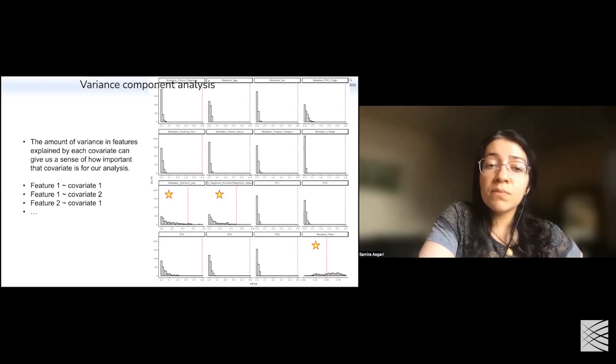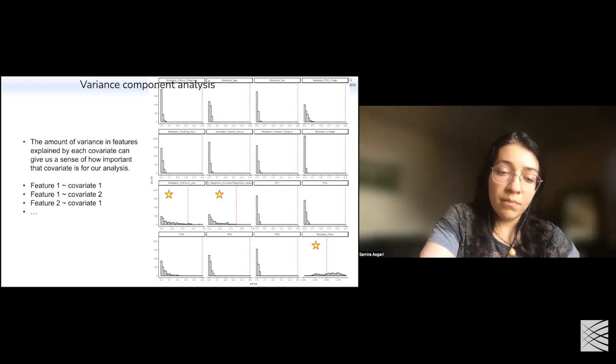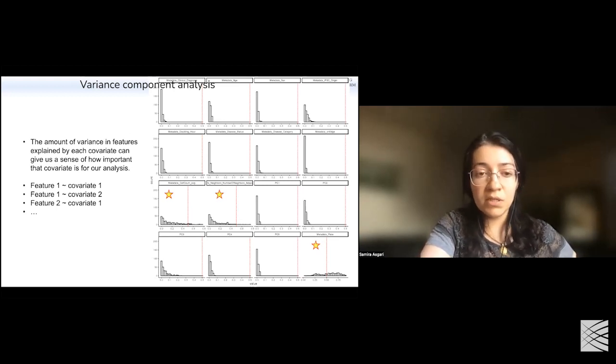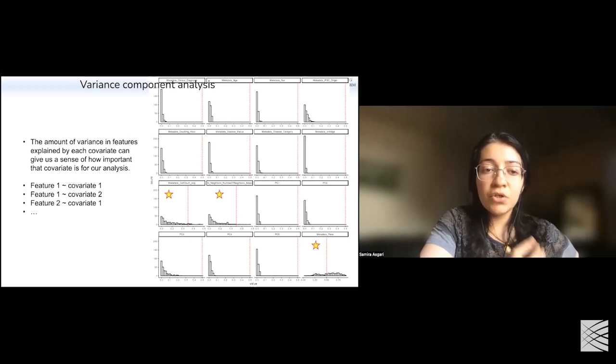And when you do this, basically you ask the question that of all the different potential covariates that I have, which ones explain a significant amount of variance in my desired feature or in my desired trait. And basically for each feature covariate pair, you ask that question, how much variance in this given feature is explained by that given covariate.